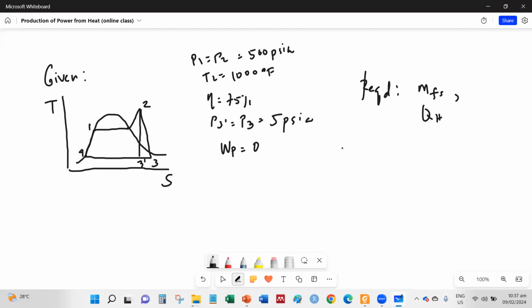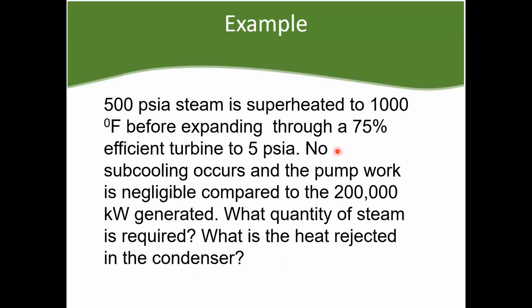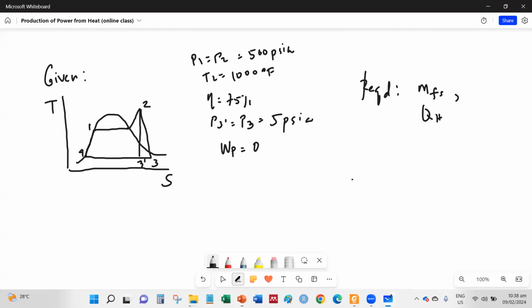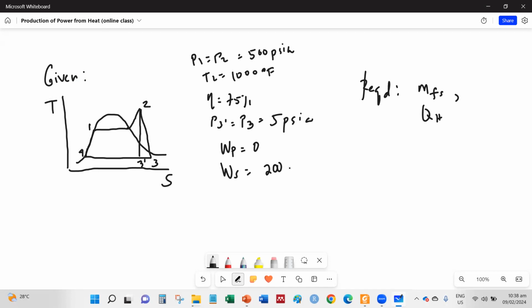So these are required. By the way, there's also a given: the work of the turbine, 200,000 kilowatts. So the work shaft, the work of the turbine, is 200,000 kilowatts.